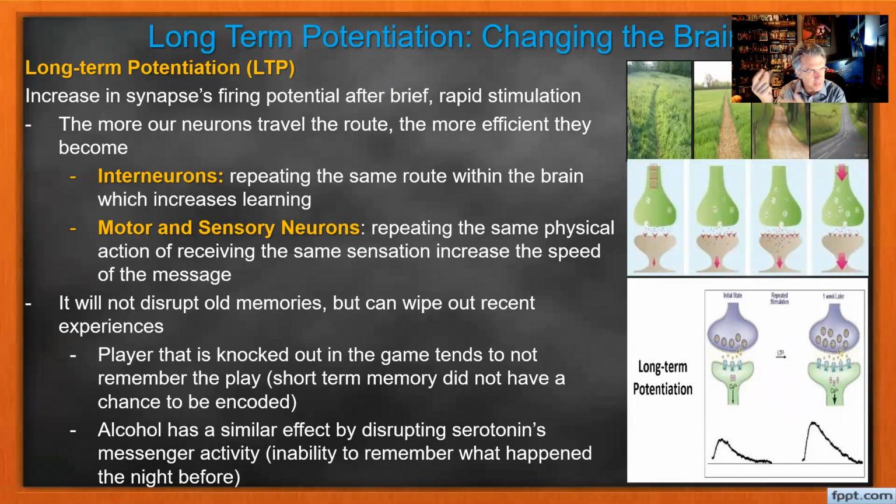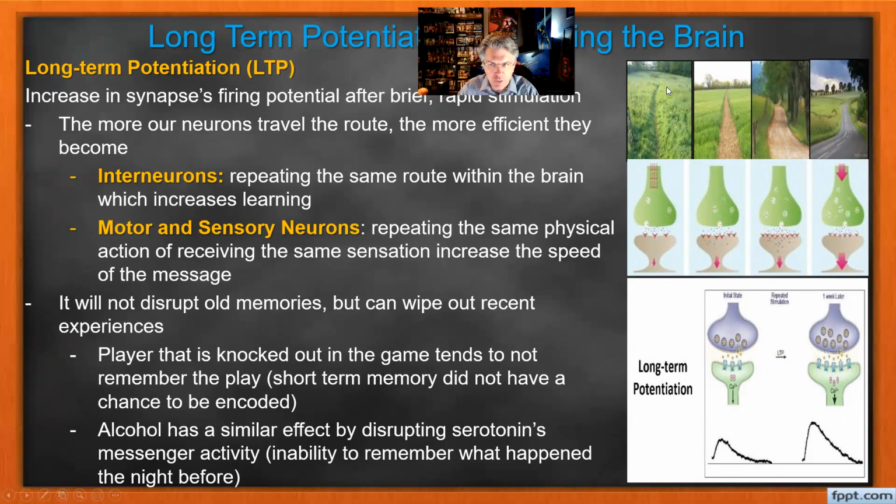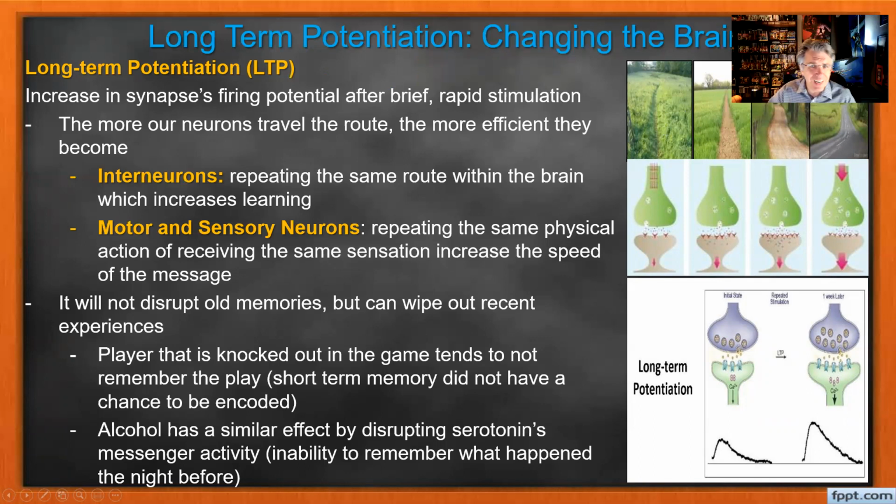So this is learning in action. The more times I go down this grassy road, the more efficient that road becomes, until it becomes a very, very changed highway. So when you're talking about long-term potentiation, when it has to do with memory, you're talking about physical changes that happen in your brain as more neural connections are being made.